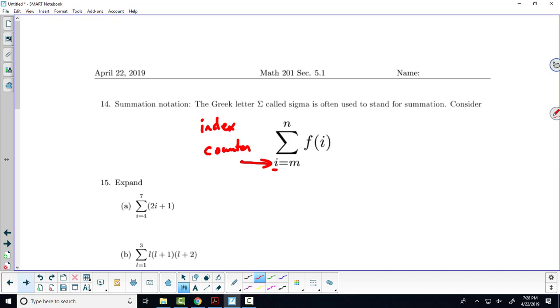All we're doing is we're taking a long string of things and we're indexing it. We're applying an artificial ordering system to it. So this is the index or the counter, and this is the start value for our counter. This is the stop value.